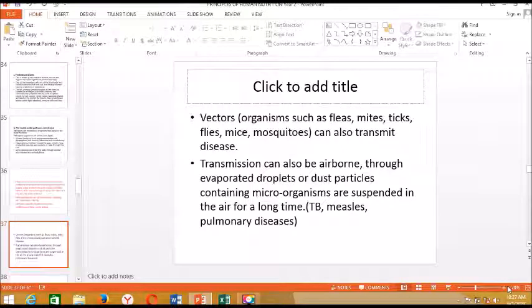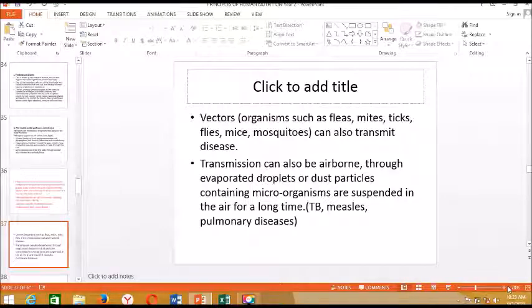You can discuss among yourselves to see which diseases are transferred by fleas, which ones are by mites, which ones are by ticks, flies, mice, mosquitoes, and so on. So transmission can be airborne through evaporated droplets or through dust particles containing microorganisms which are suspended in the air for a long time.